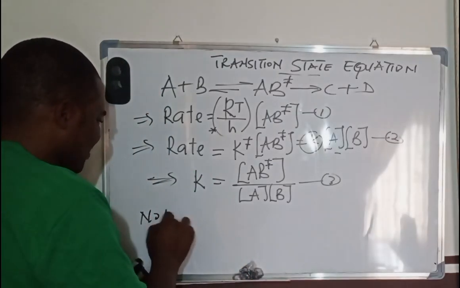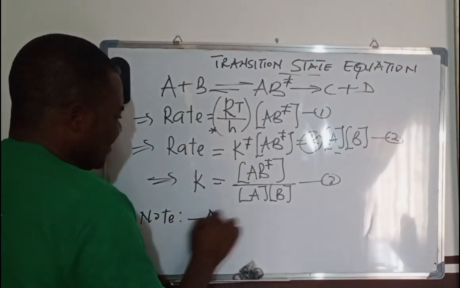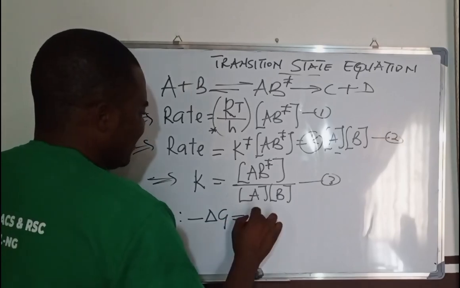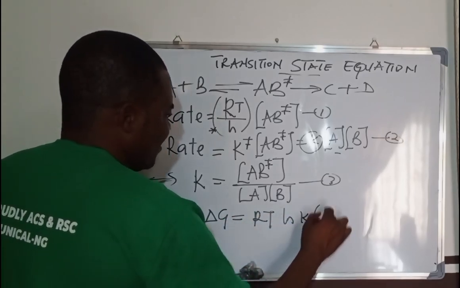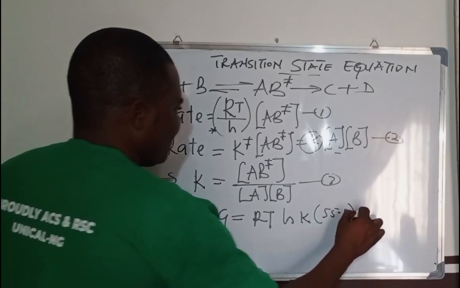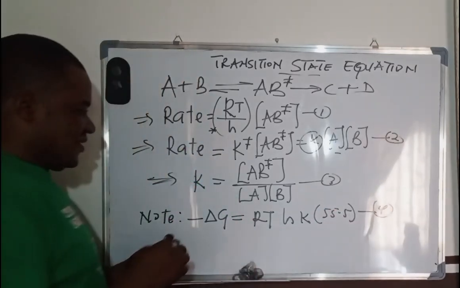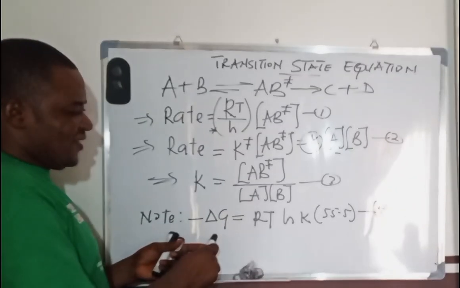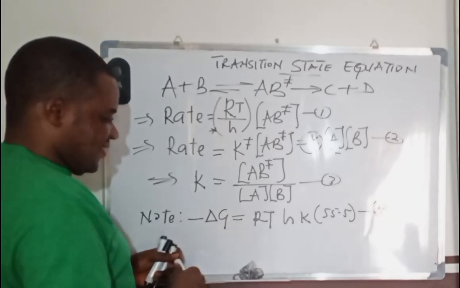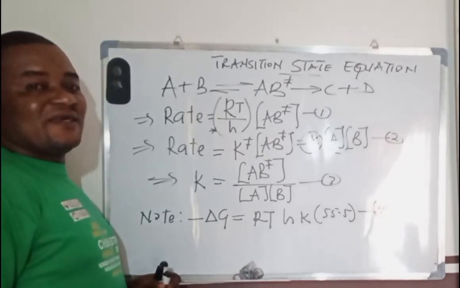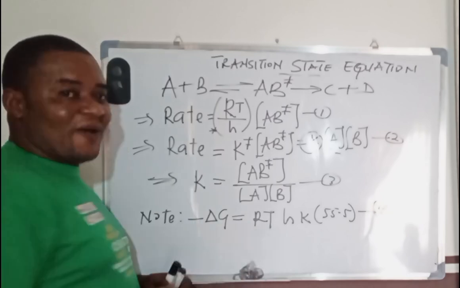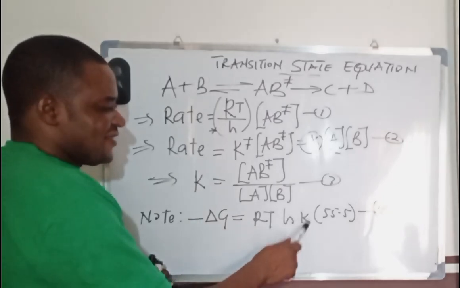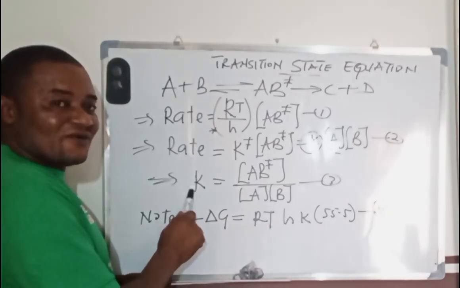Note something here, that the Gibbs free energy is defined as minus RT ln K. This is the equation for your Gibbs free energy, where R is your gas constant, T is your absolute temperature, and K is your equilibrium constant.